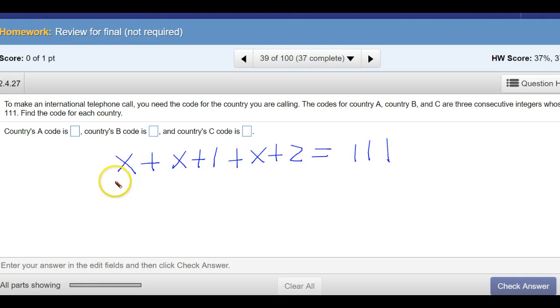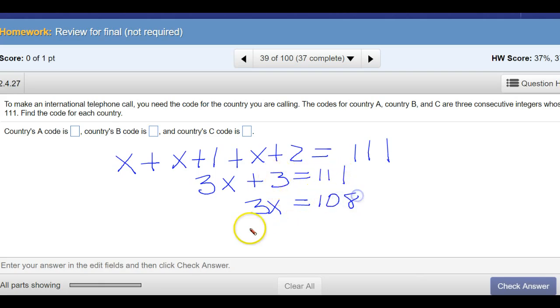These are 3 consecutive integers. So we get 3x plus 3 equals 111. 3x, we're going to subtract a 3 from both sides. We get 108. And we divide both sides by 3.